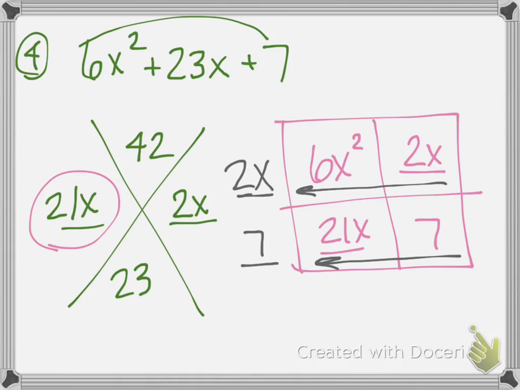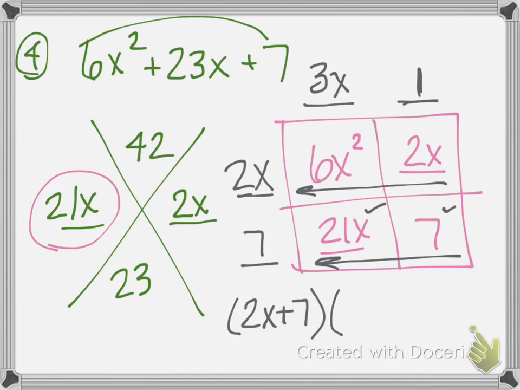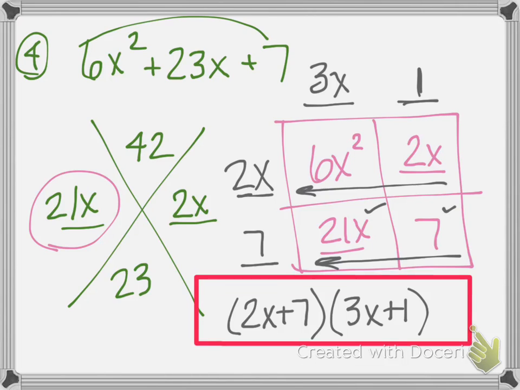So 2x times what is going to give me 6x squared? That's 3x. And 2 times what gives me 2x? That's just a 1. So let's check it with the bottom. 3x times 7 is definitely 21x, and 7 times 1 is definitely 7. So the solution for number 4 is 2x plus 7 times 3x plus 1. And there's our answer for number 4.